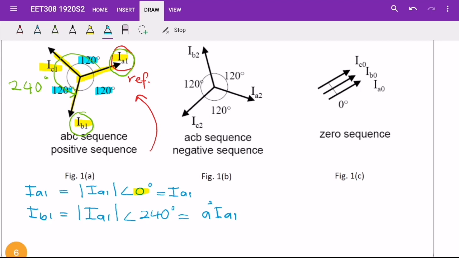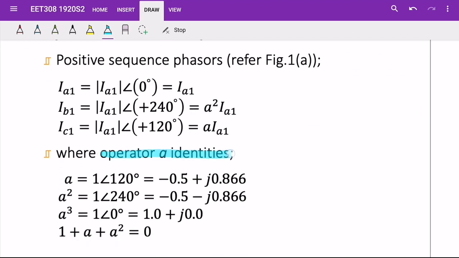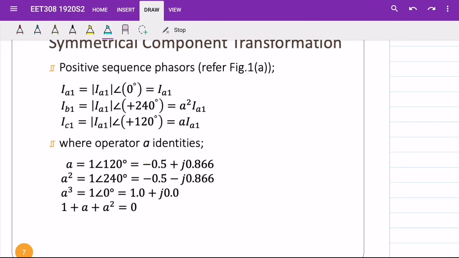What is the operator a identities? The information of the operator a identities we can refer to the next slide. This is operator a identities. As we can see, a is equal to magnitude 1 with angle 120 degrees.